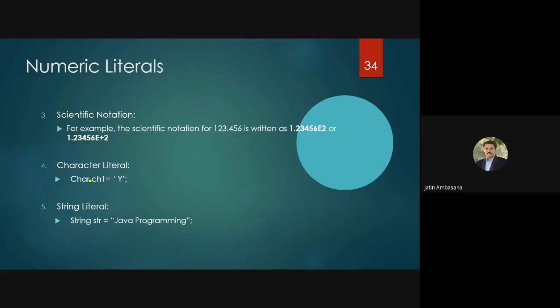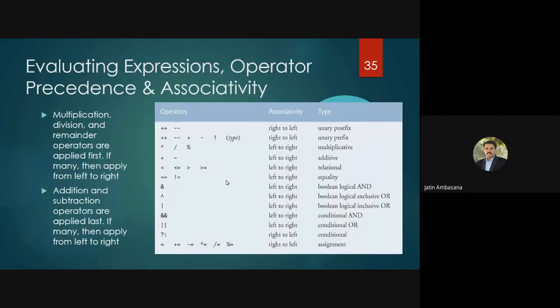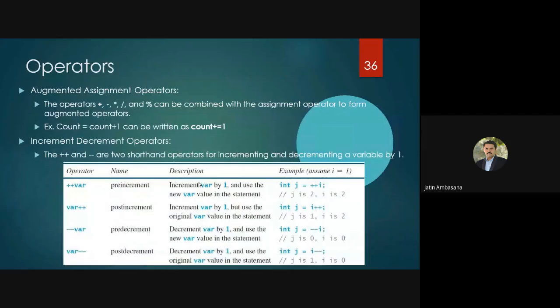Character literal we have seen, string literal we have seen, right? We have worked with it. We have already seen the operators and precedence and associativity, so we'll not go deep into it. Now we have also seen the increment operators, plus plus and minus minus, and these are nothing but shortened operators for incrementing and decrementing a variable by 1.